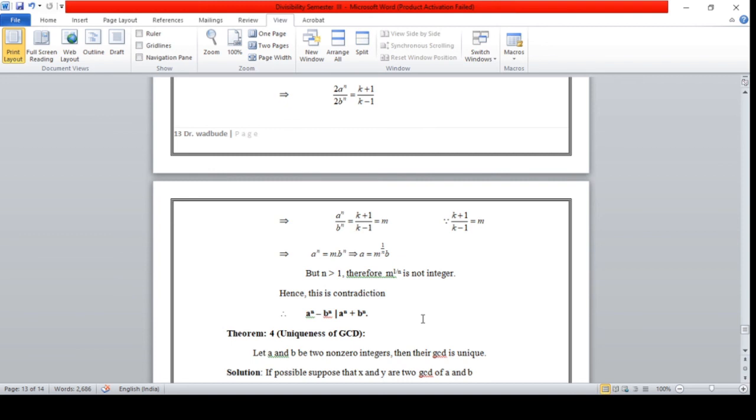This implies a is equal to m raised to the power 1 upon n into b, but n is greater than 1, means m is not an integer. Suppose m is 5, raised to the power 1 upon n is 2, 1 upon 2 and root 5 is not an integer.